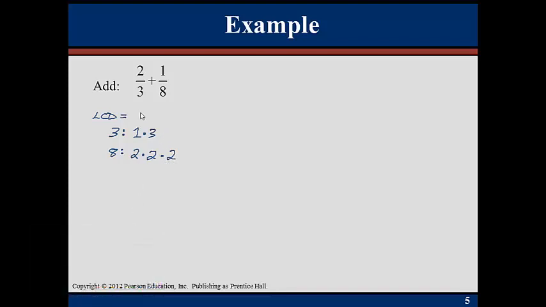So the LCD would be 1 times 3, the factors of the first, times any factors in the second not already in the list. So that will be 2 times 2 times 2. Multiply them together, and we end up with 24. So the LCD is 24.